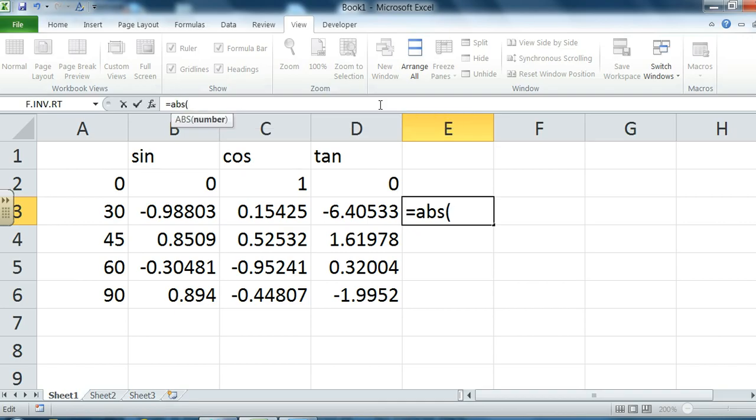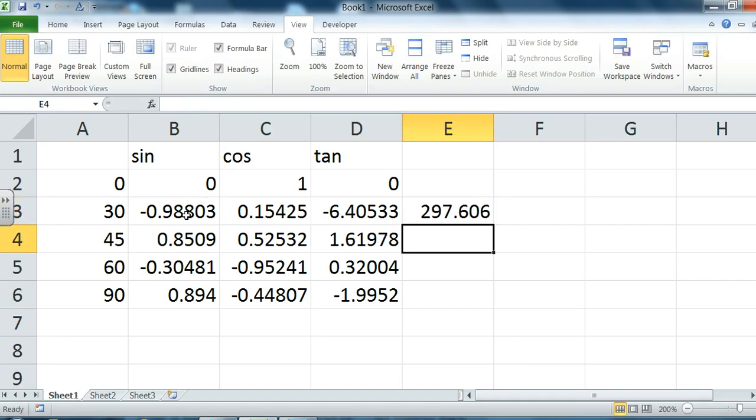Now we know the sine of 30 is a half, so we're going to take the new value, minus a half, and then divide by the old value, which is 0.5, and then multiply by 100, and we have 297% error. What the heck is going on here?